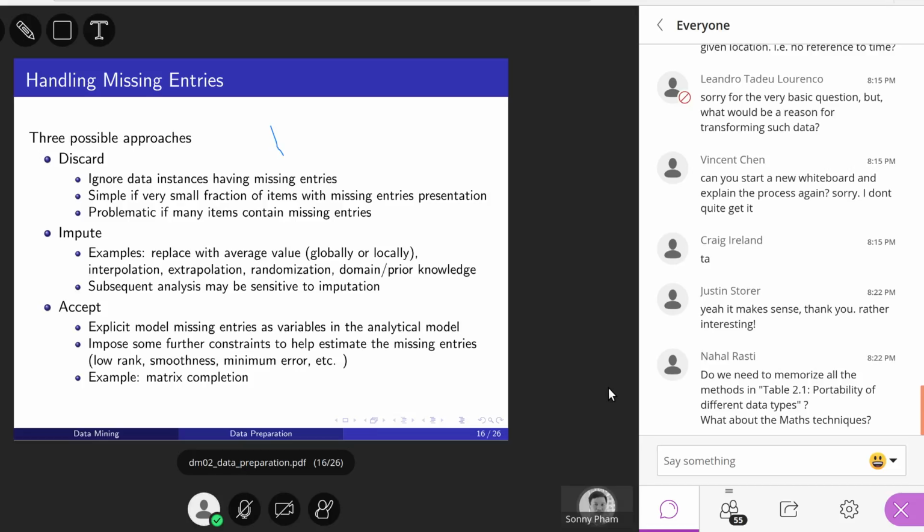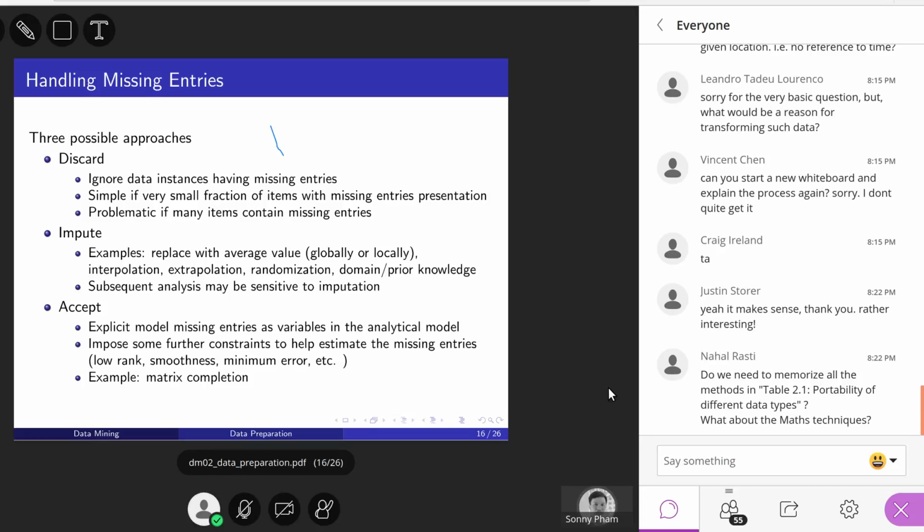So discard, as we already discussed, if it's not going to cause any problem. If you discard it and it will cause problems, then it's not going to be good. For example, if you have a small fraction of items with missing entries, say in the training set, and they're not going to give me problems, maybe I can discard them.